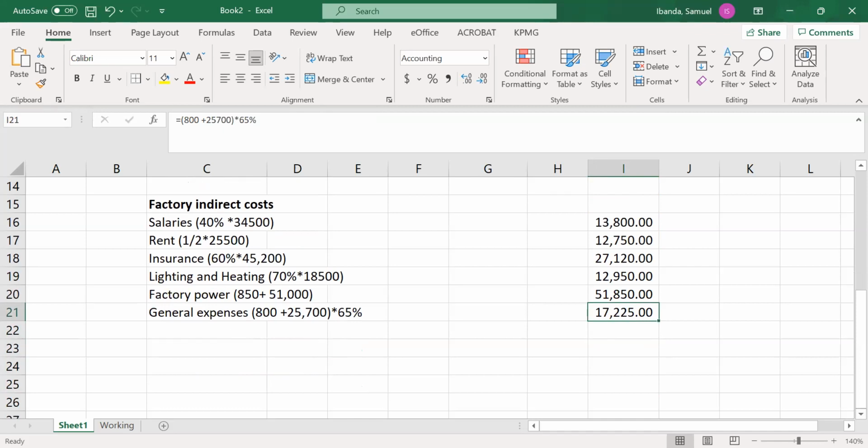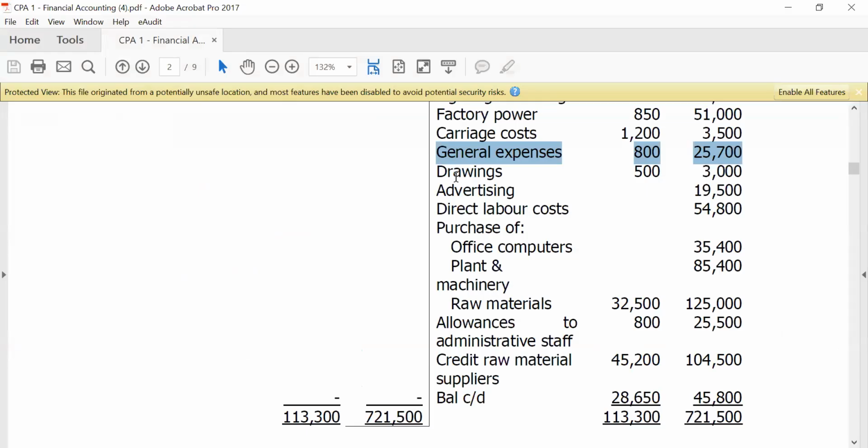Then I'm going to also look at the next expenses. So I come here, I see drawings. These ones are not going to be expenses for the factory.